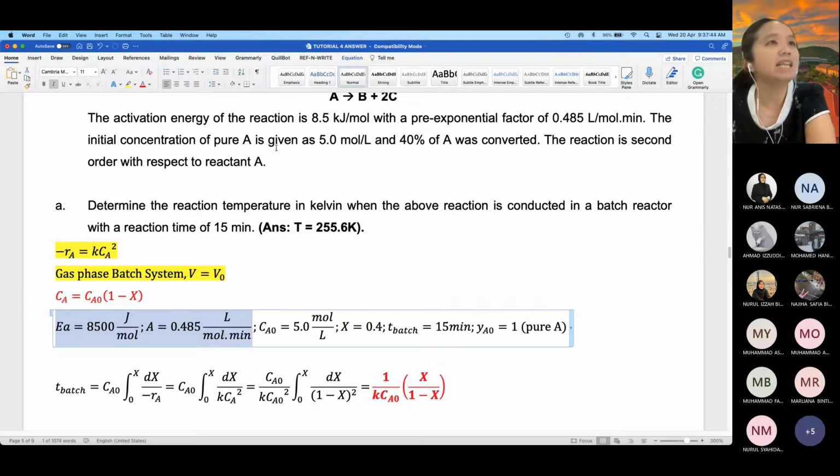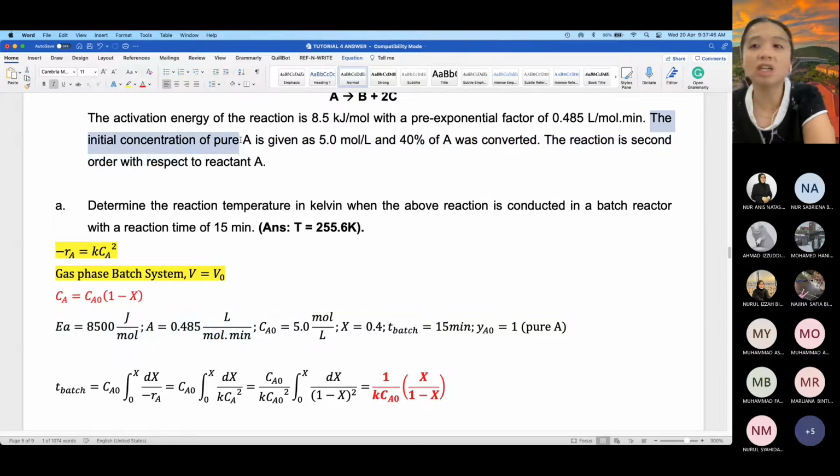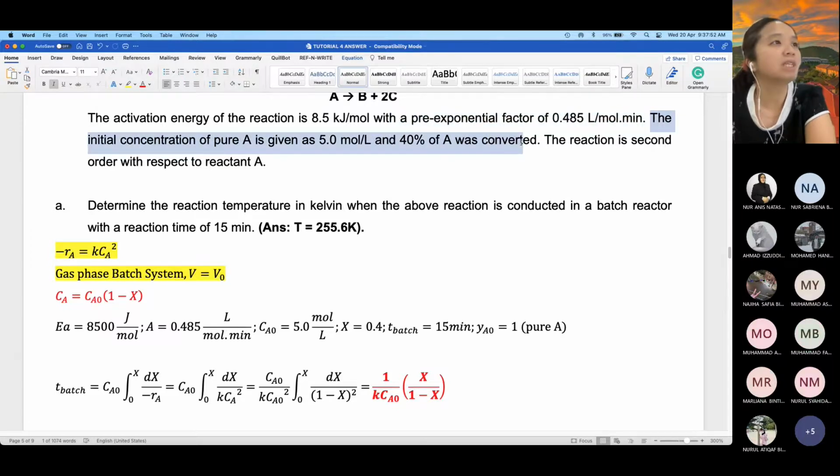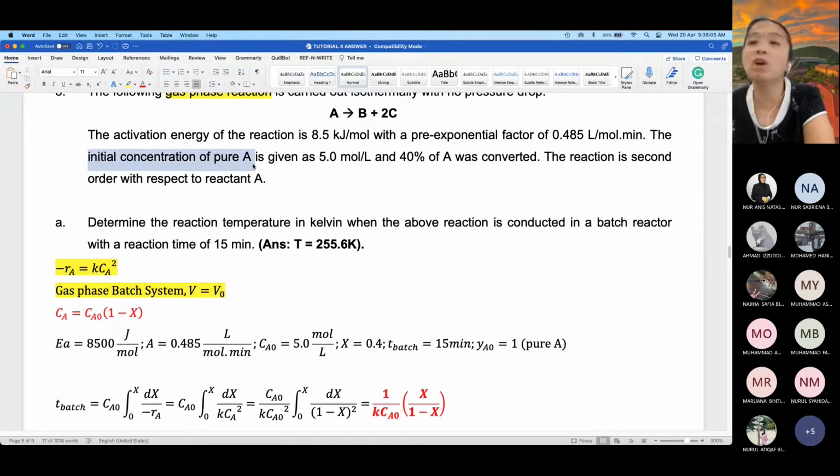Then they say, the initial concentration of pure A is given as 5 mole per liter and 40% of A was converted. Okay, so from the second sentence, there are a few things that we need to process. First, dia kata, initial concentration of pure A. Maksudnya, in the beginning you have only one reactant.